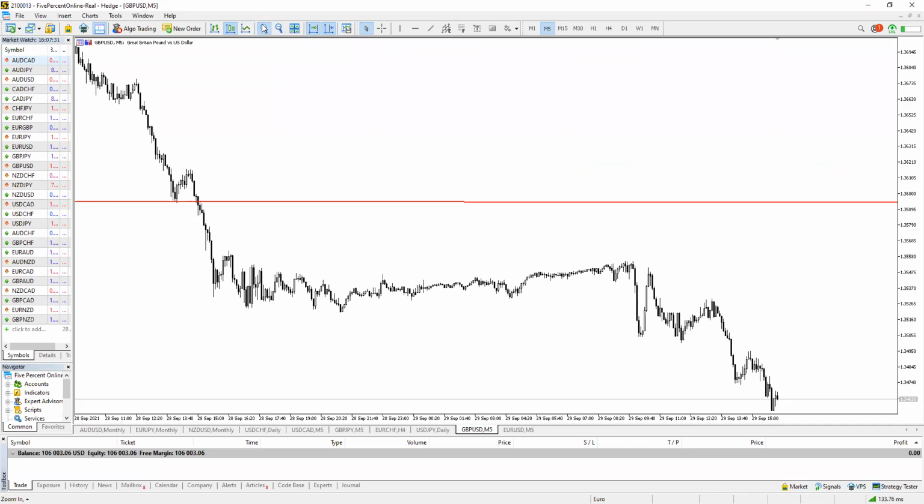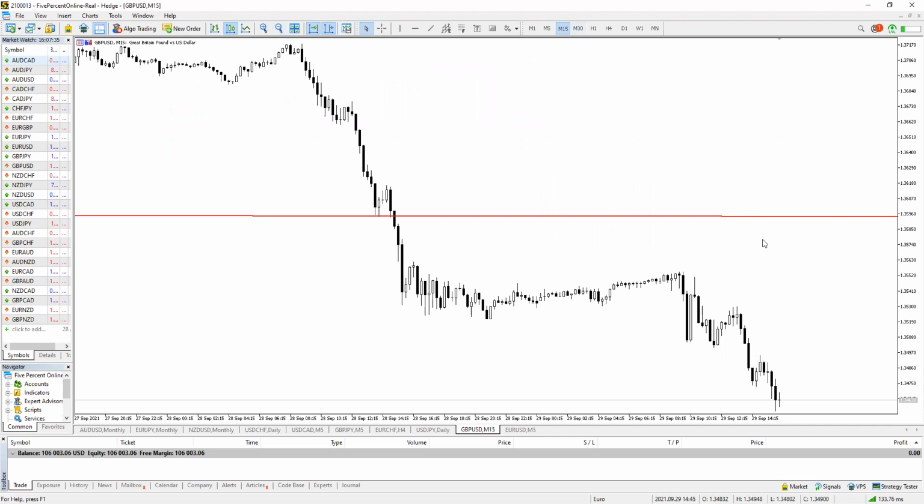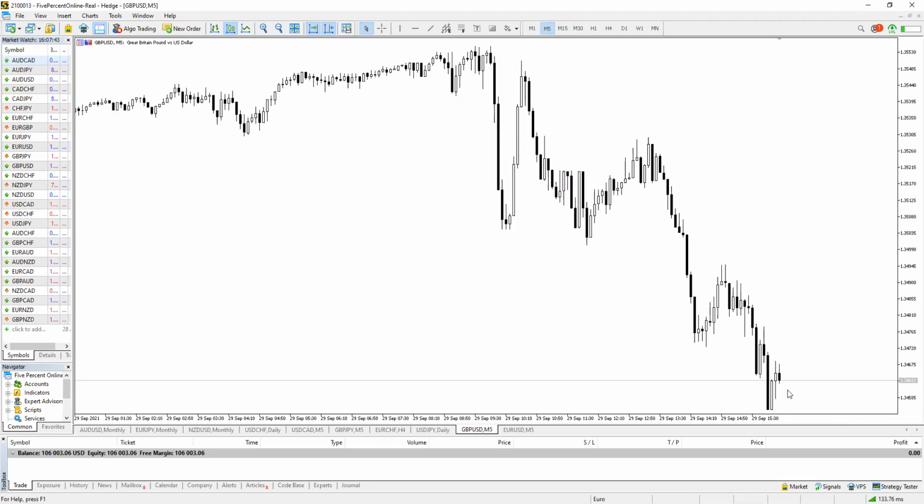Actually, in another account, I was already short based on these levels right here. I'm holding a selling position right now. So now I can go to lower time frames and start looking for even lower positions. I like this kind of pullback, and I can start looking to short this market.